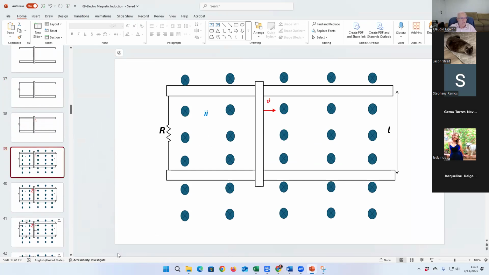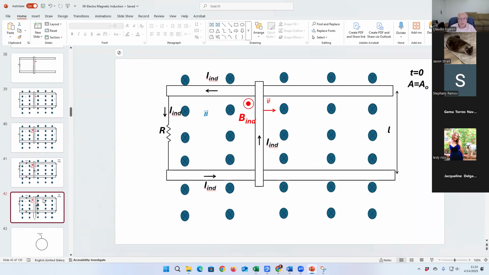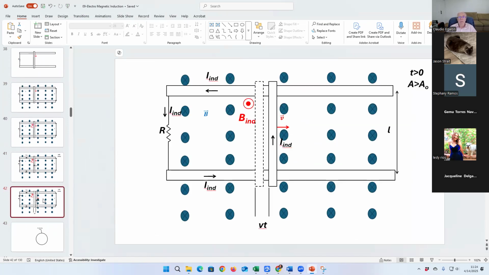The magnetic field is into the board. The distance here is L. So what is happening here? This is the small distance that it travels. So the additional area is going to be vt times L. That's what's missing there in my equation.